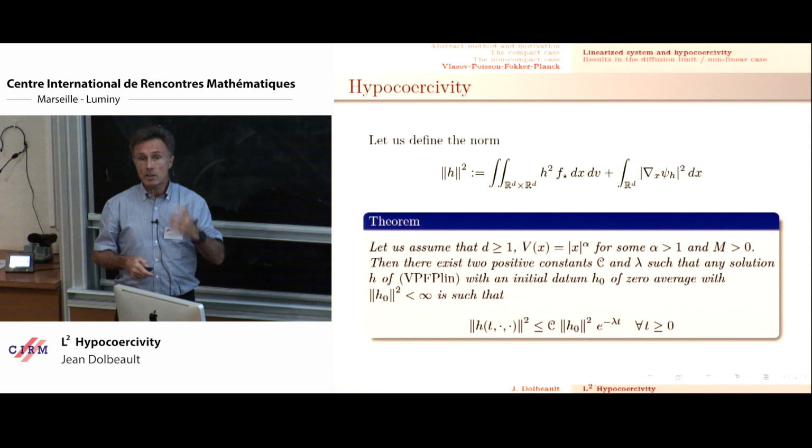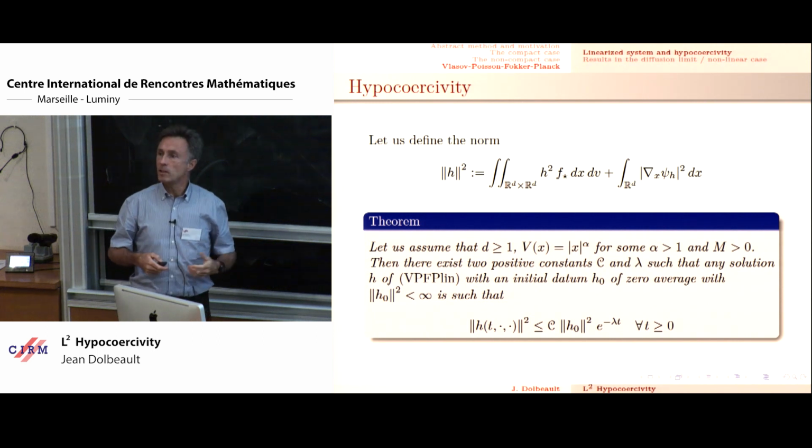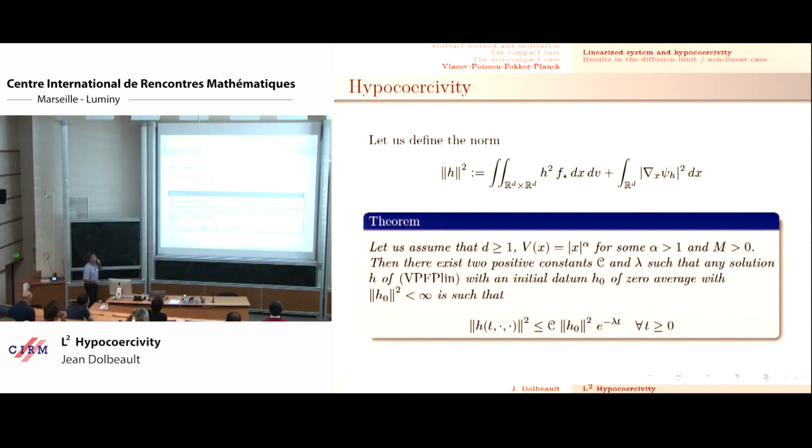It turns out that this L2 framework is really robust with this, and this works. So this gives a standard hypocoercivity result with a constant C which is bigger than 1, and a rate which can be explicitly computed, but which is probably not so bad.